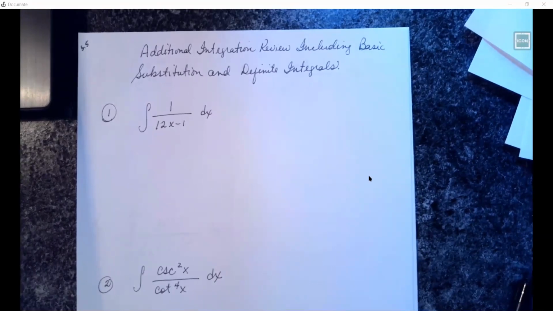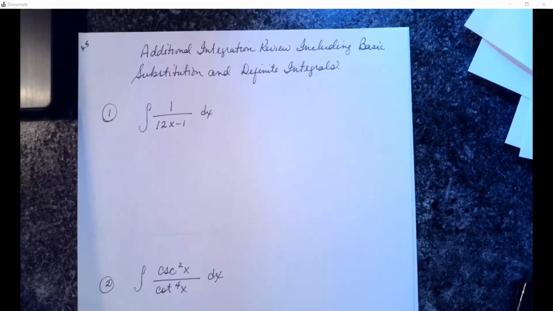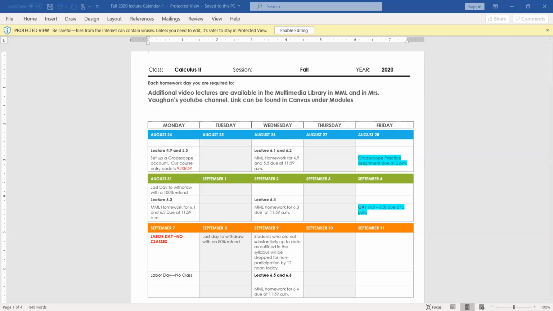When is our first quiz? Let me pull it up. All right, so here's your calendar. Can you see it?